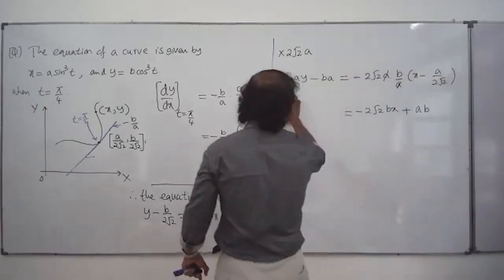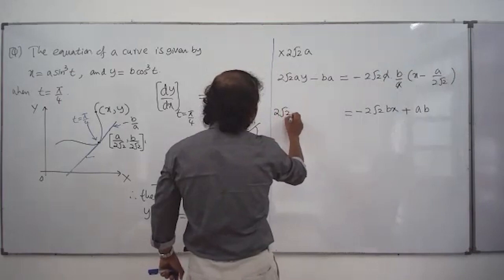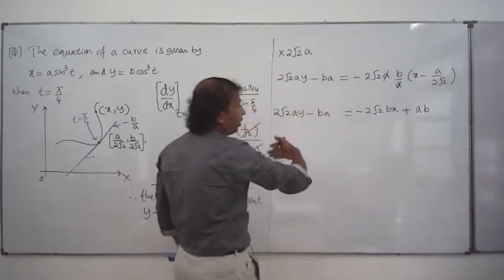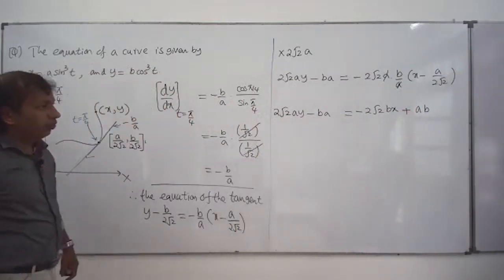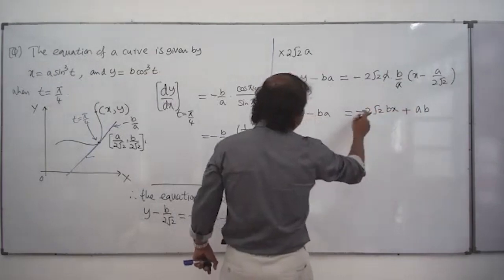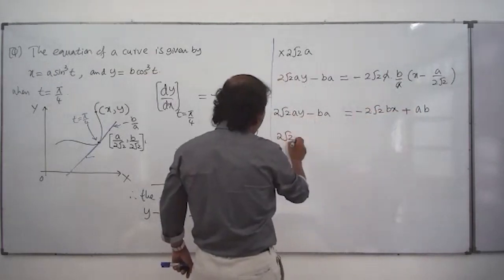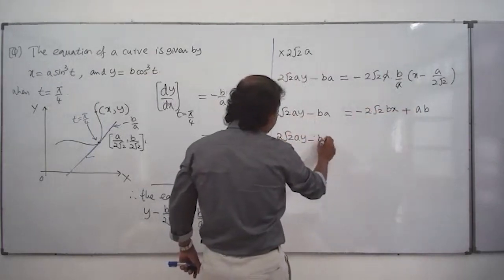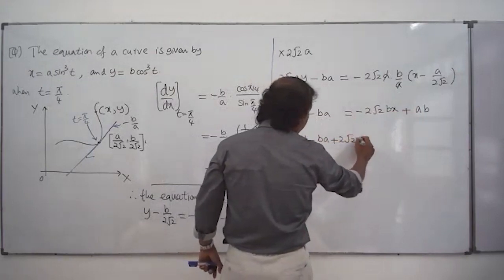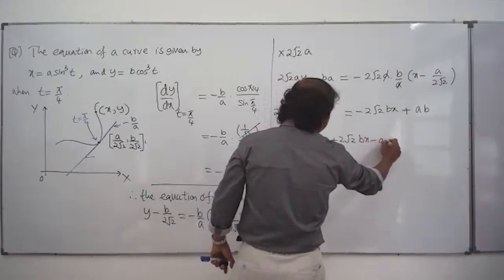Right? Here we have 2 root 2 AY minus BA. Now bring all the terms to what? Left hand side. Once you bring all the terms to left hand side, this one will be plus 2 root 2 ay minus ba plus 2 root 2 bx minus ab.